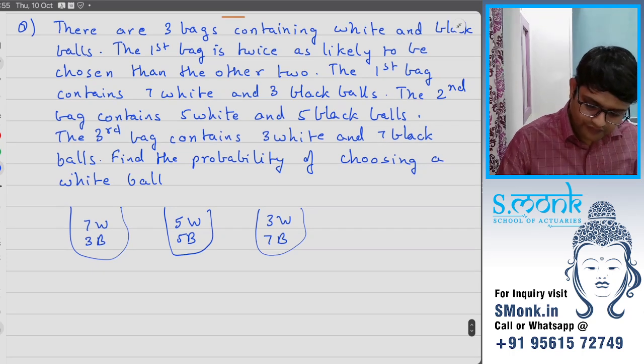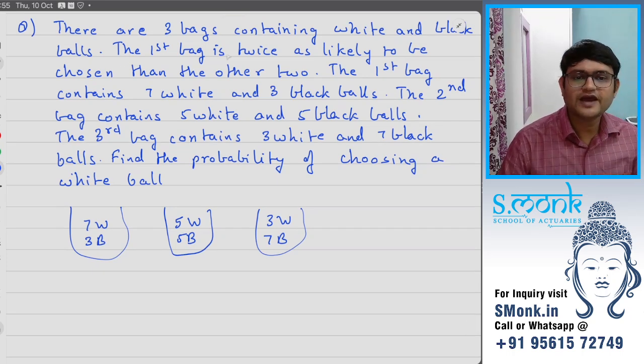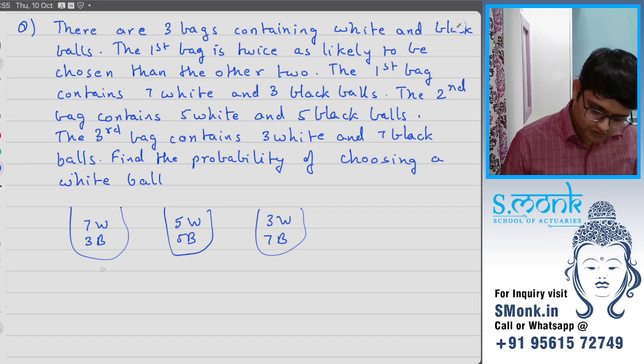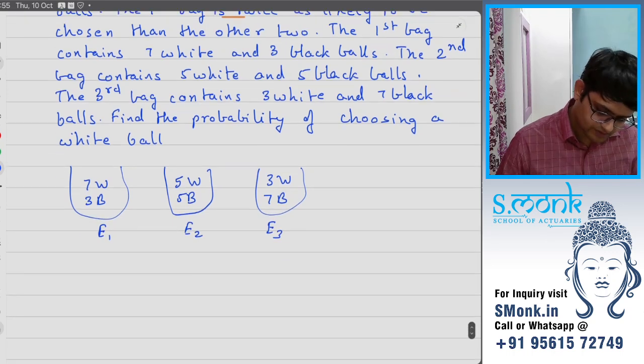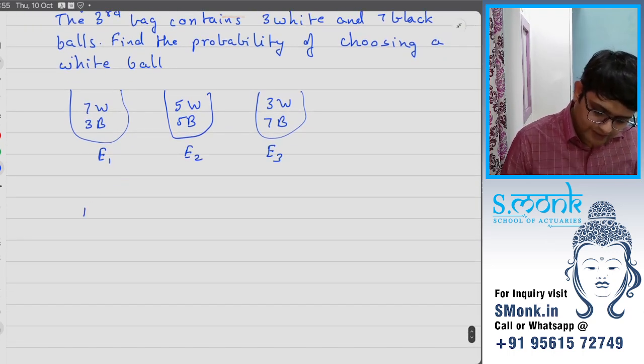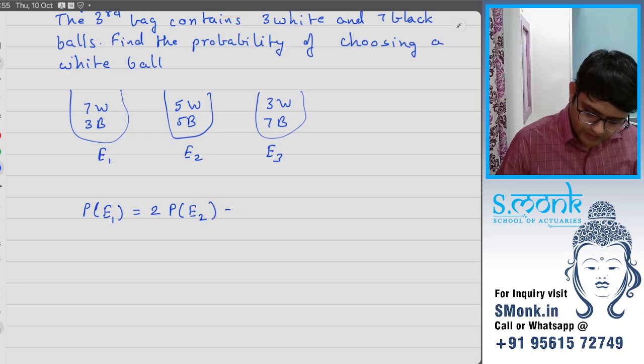So first of all, we said the first bag is twice as likely to be chosen than the other 2. Okay. So let's say I will name it as E1, E2, E3. So first bag, that is probability of E1, probability that we'll choose the first bag, is twice as likely as the second one and twice as likely as the third one. So clearly 2 and 3 have equal probability.